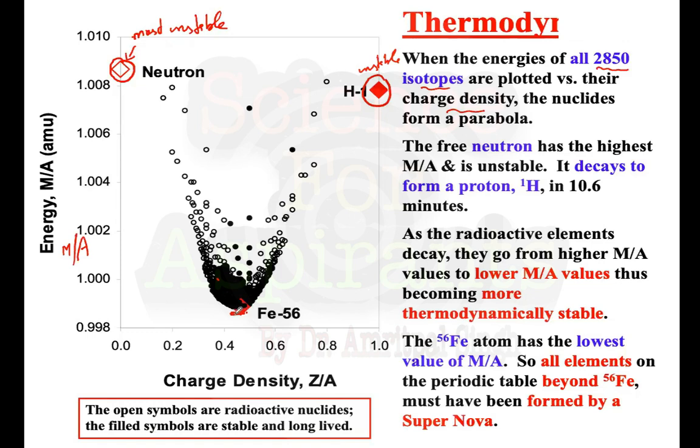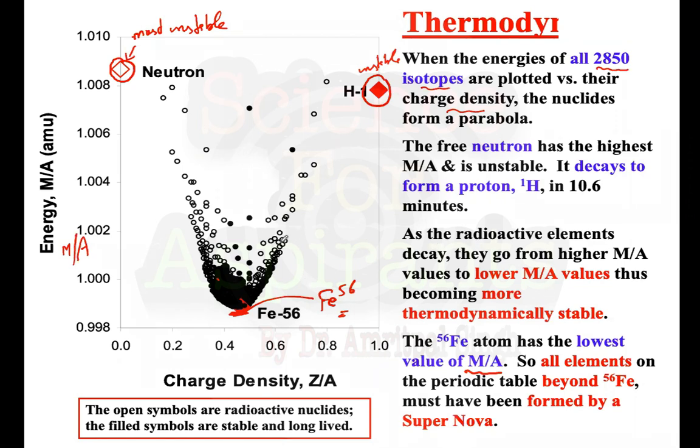At this point you can see iron-56, which has the lowest value of M over A, so it is considered the most stable nuclide of the periodic table, and it has the largest number of isotopes as well.